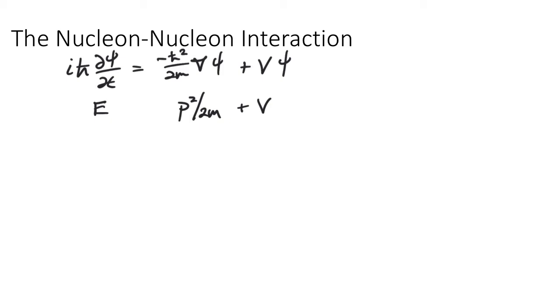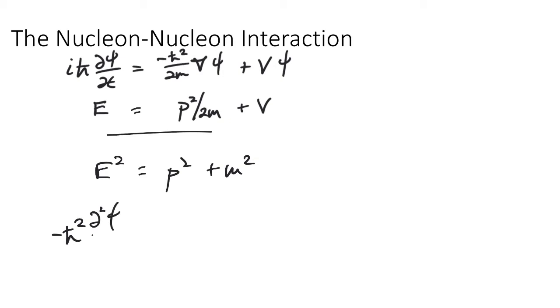But in relativity, we have a similar equation where we know E squared is P squared plus M squared, where I've now used the c equals 1 frame. So if I convert that into a quantum mechanical picture, rather than having E, I will now have E squared. And so you have minus h bar squared, the minus sign comes from i squared, d squared psi dt squared. So each energy corresponds to a time derivative.